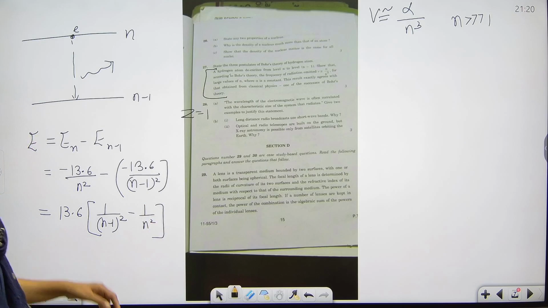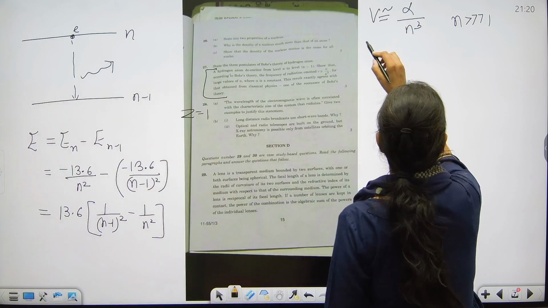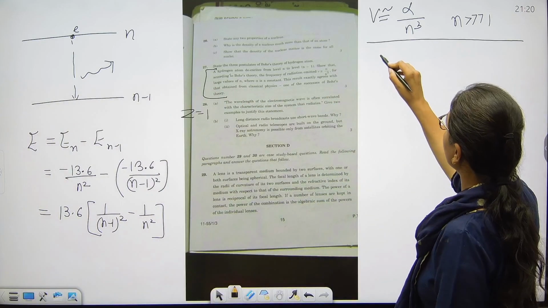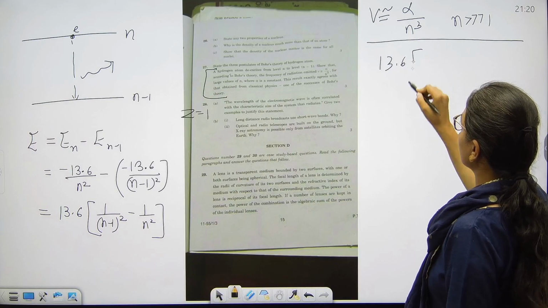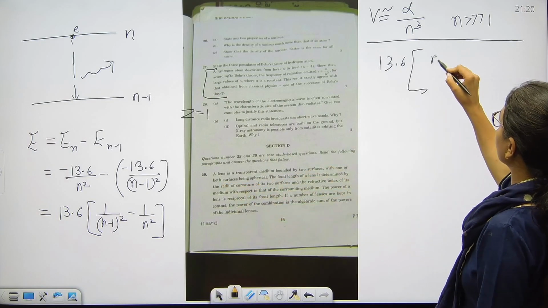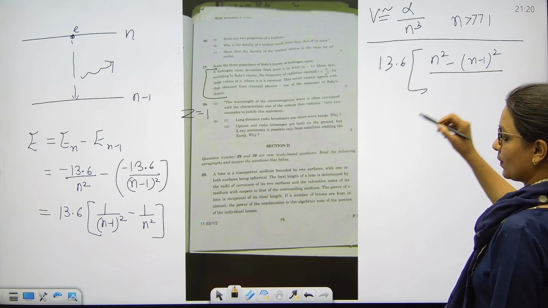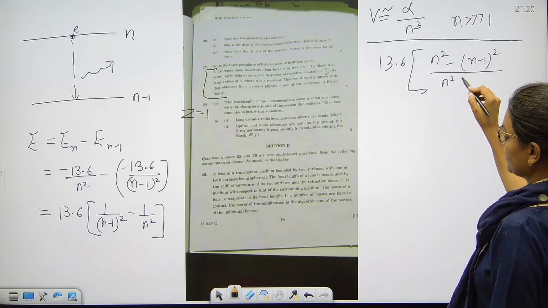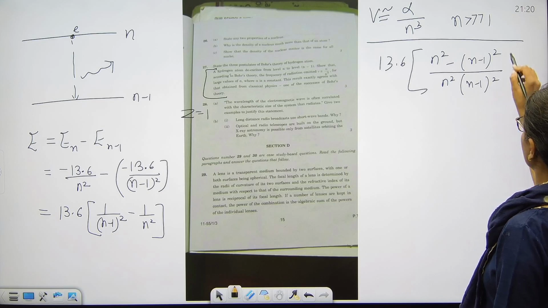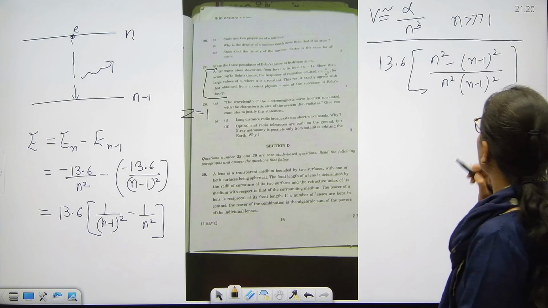Clear? Now just take the LCM. If you take the LCM, 13.6 times n square minus n minus 1 whole square, divided by n square times n minus 1 whole square. Clear? Let us see ahead.